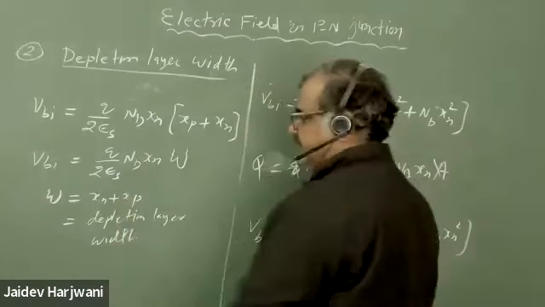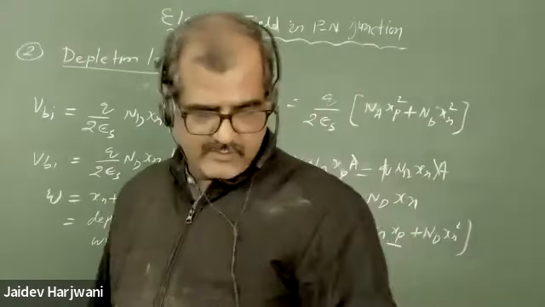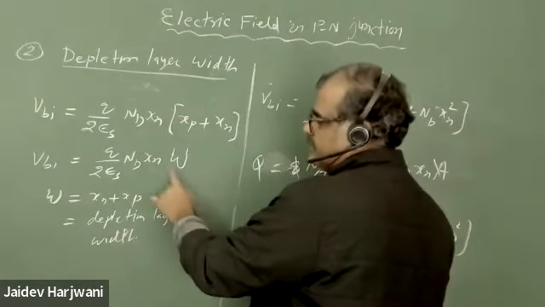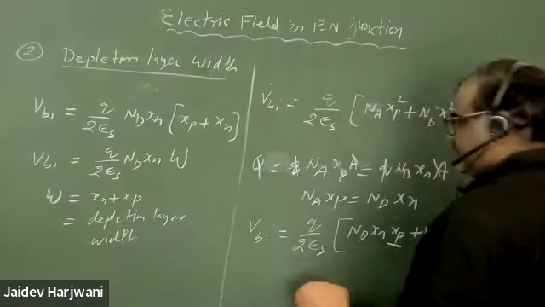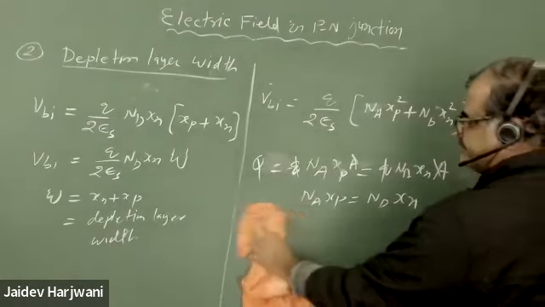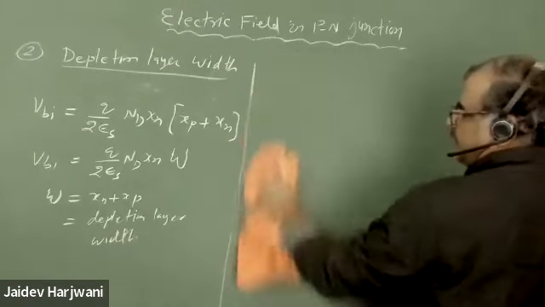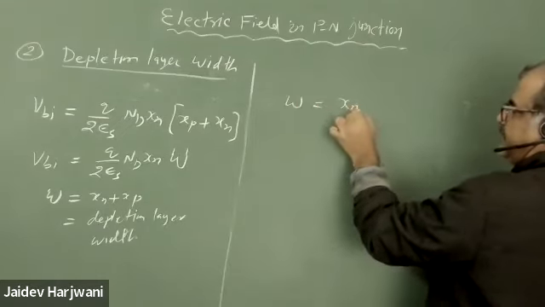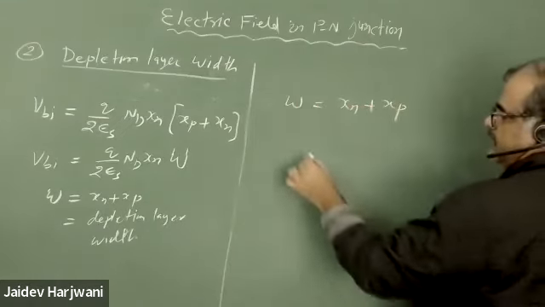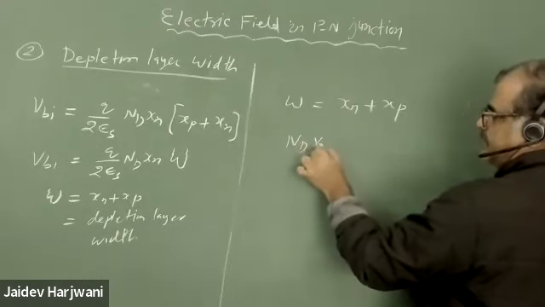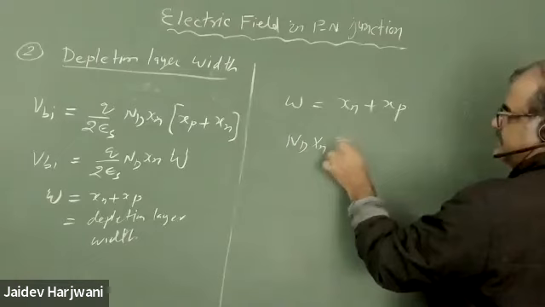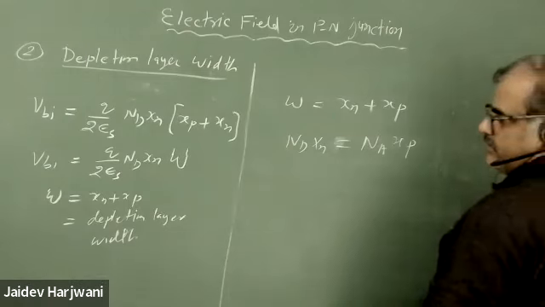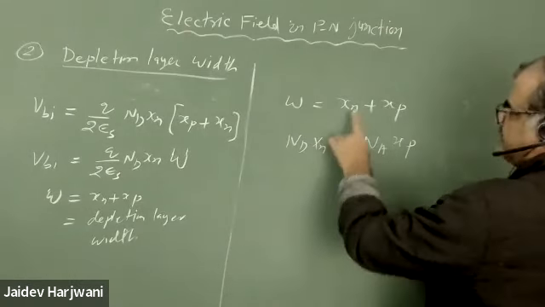Now let me do some more simplification. I can also remove xn, because xn and W together cannot be there, so I have to remove this xn also. What I can do, I have this W equal to xn plus xp. And I know that nd xn equals na xp. So from here I can put the value of xn.